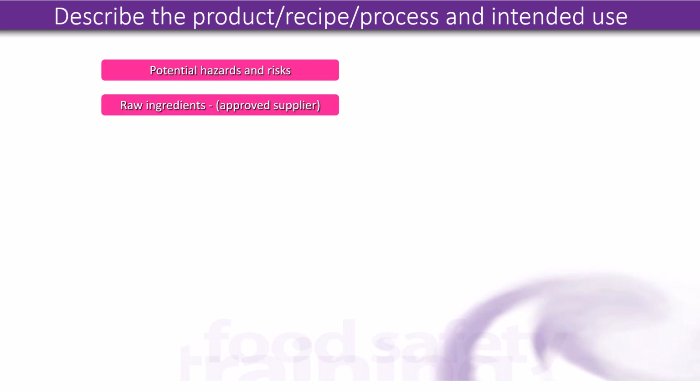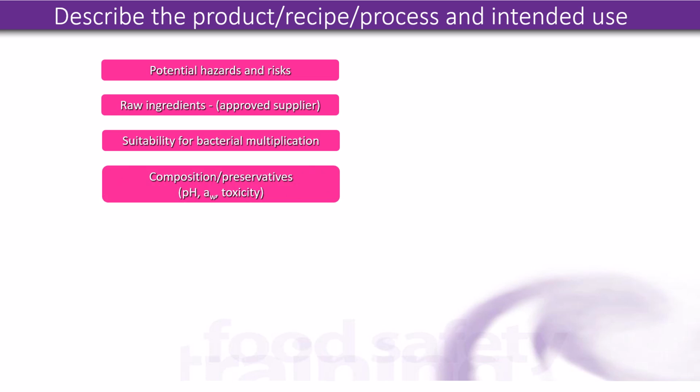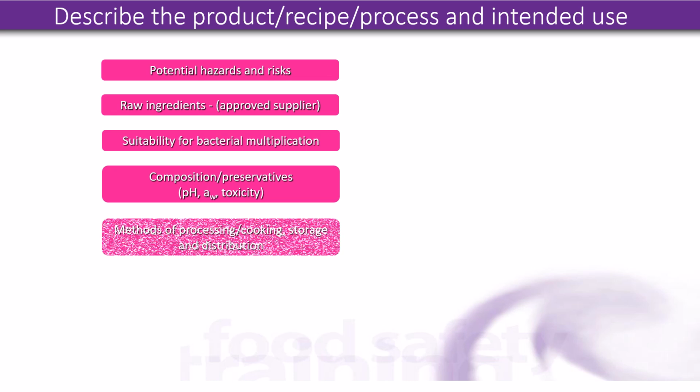You need to describe the product, recipe, process, and intended use. You need to look at the potential hazards and risks. You need to look at the raw ingredients and make sure they come from an approved supplier. You need to look at the suitability for bacterial multiplication of the product. The composition, the preservatives that the food contains, the pH, the acidity, the alkalinity, the AW, which is the water content, and the toxicity.